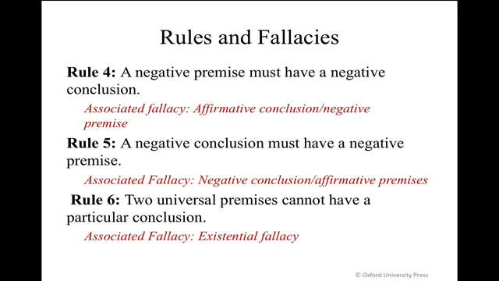And this is where typically in textbooks where you have 5 rules and not 6, rules 4 and 5 are collapsed into a single rule. So a negative premise must have a negative conclusion, and a negative conclusion must have a negative premise.